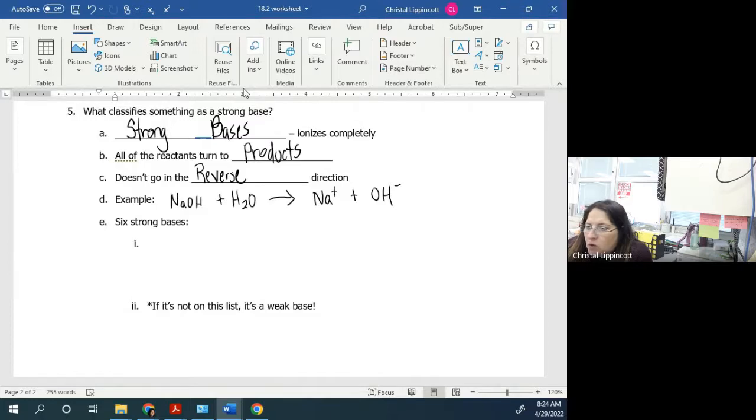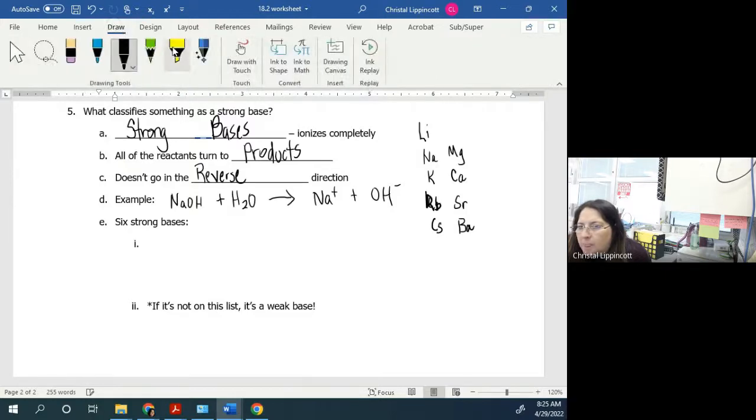So how do we figure out our strong bases? If we look at our periodic table, we have lithium, sodium, potassium, rubidium, cesium, and francium. Then we kick over here and go calcium, strontium, and barium. Magnesium and beryllium are above.